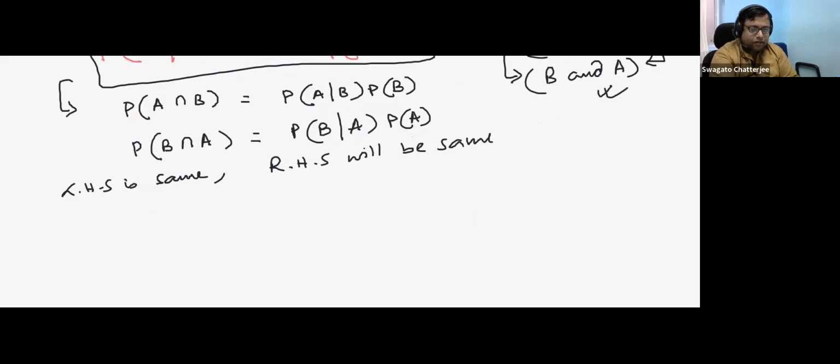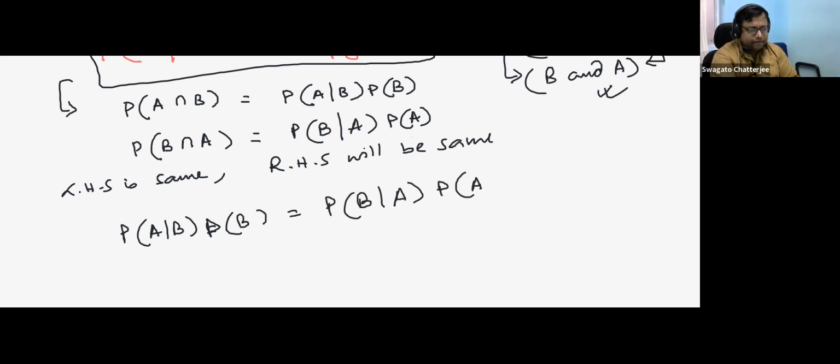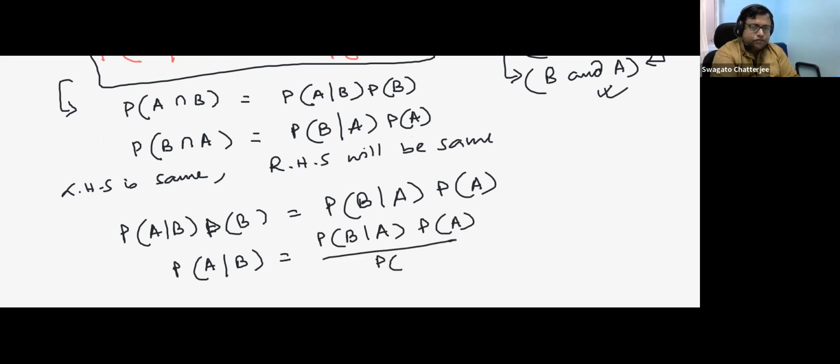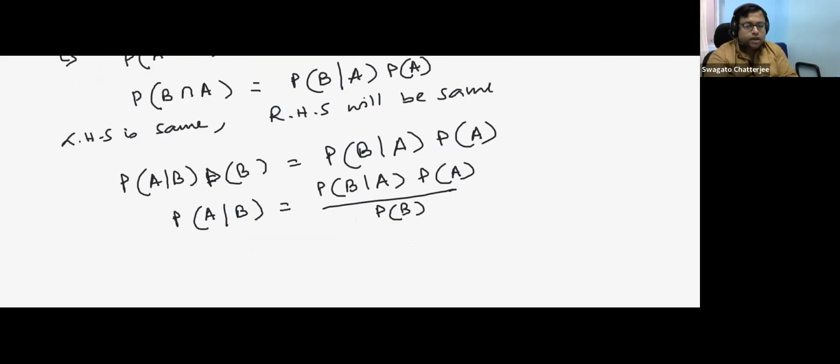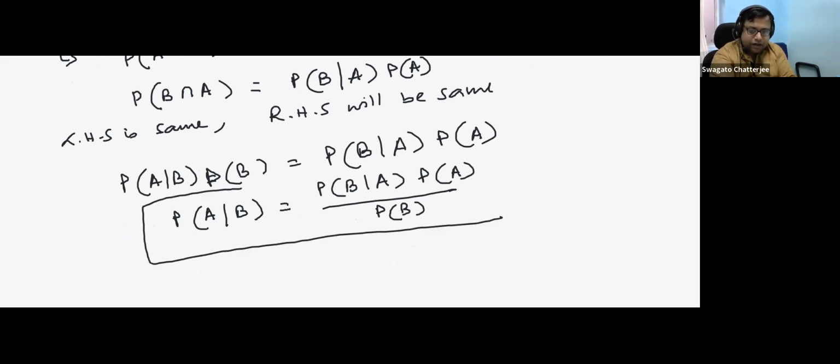So then what I get from that is P of A given B into P of B is equal to P of B given A into P of A. Or what I get is P of A given B is P of B given A into PA divided by PB.